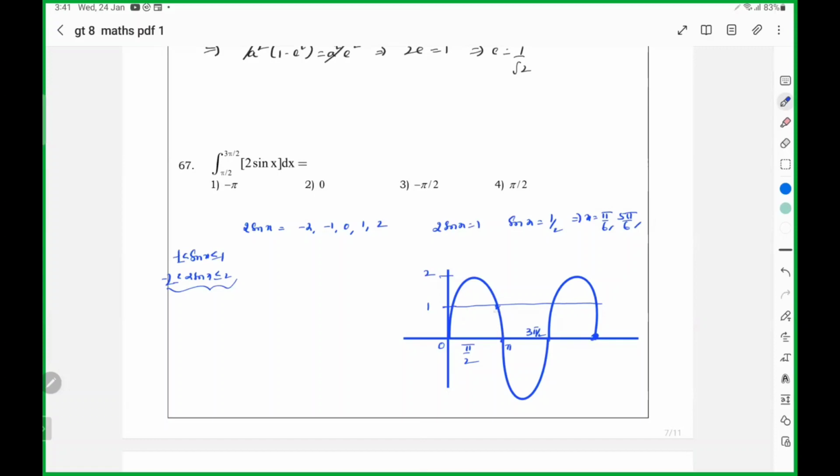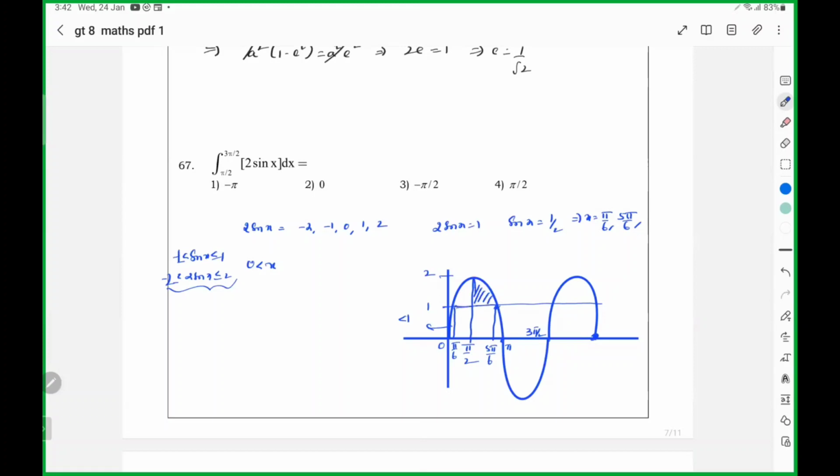So here the value is, here it is pi by 6. Till pi by 6 it is less than 1. So when x lies between 0, oh no, he didn't start from 0, right? He started from pi by 2. So these are just more than 1.